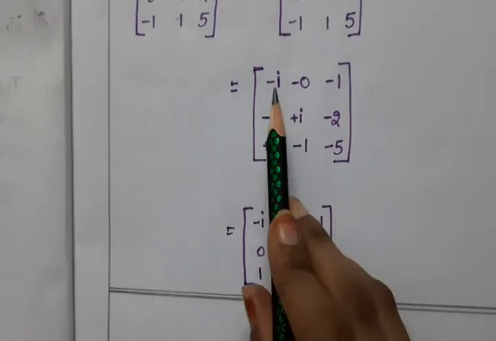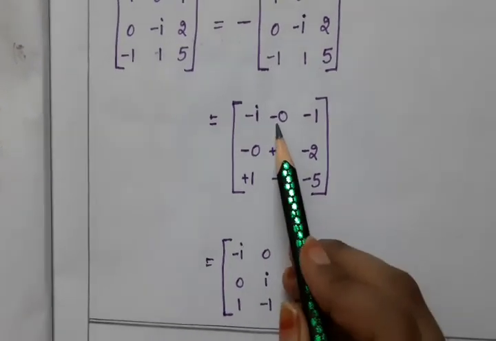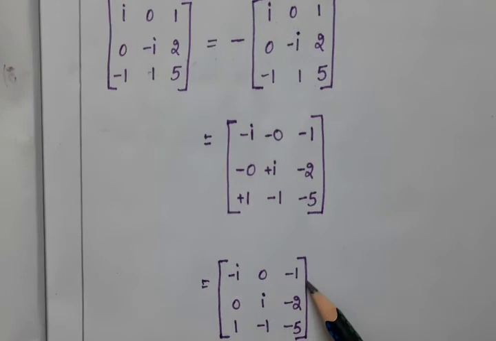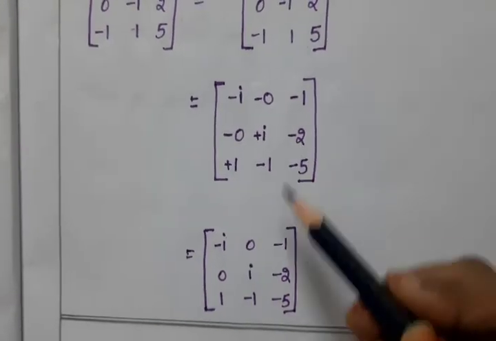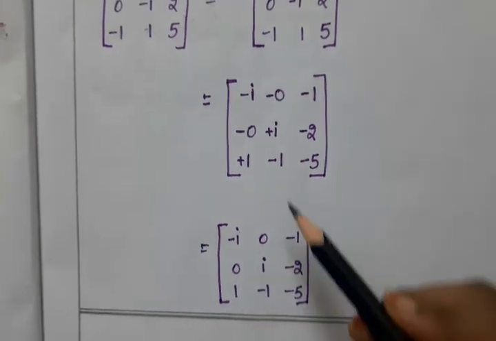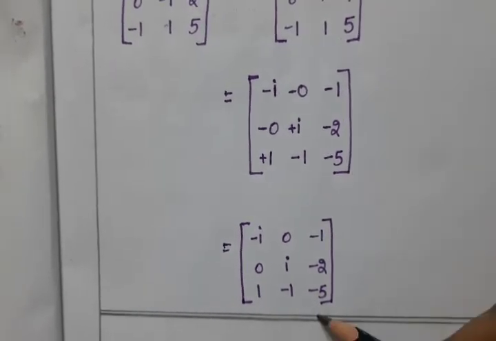Now minus i, 0, minus 1, 0, i, minus 2, 1, minus 1, minus 5.